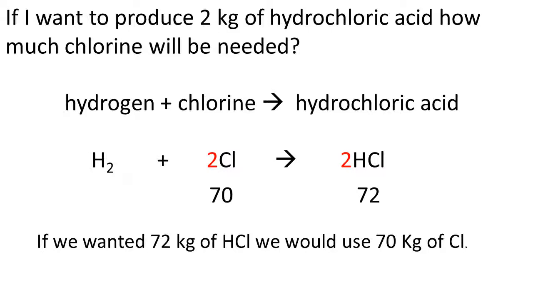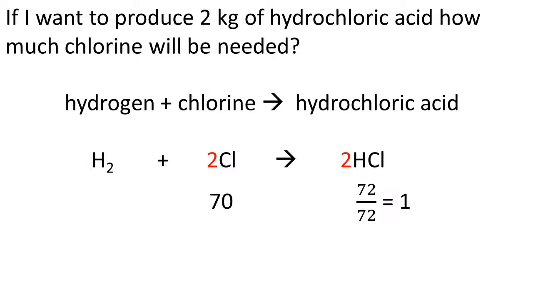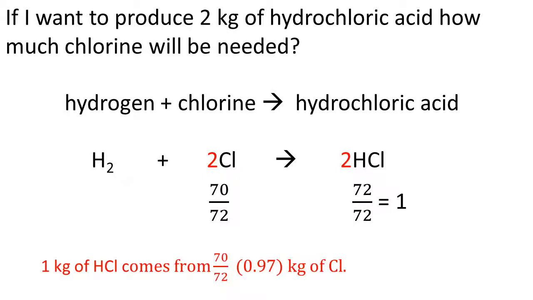Now from that we can work out, what if we only wanted 1 kilogram of hydrochloric acid? Well, we divide it by itself to make that into a 1, and like in maths, what you do to one side you must do to the other side. So we divide that by 72, and what this tells me is 1 kilogram of hydrochloric acid comes from 0.97 kilograms of chlorine.